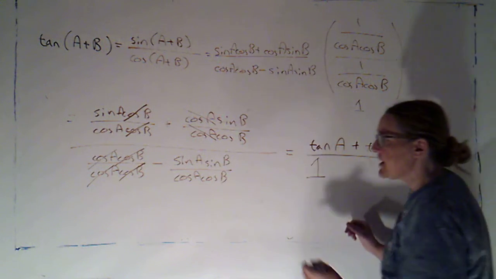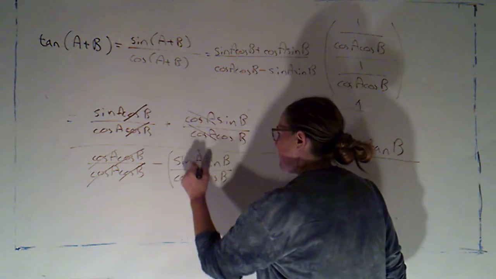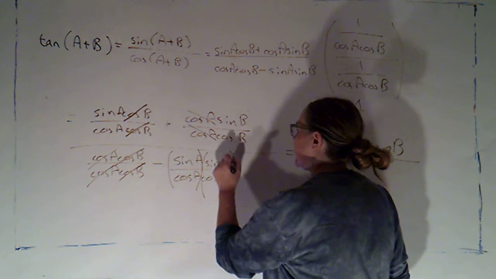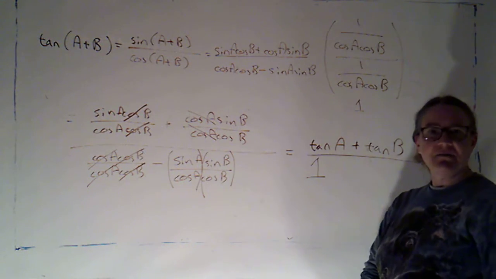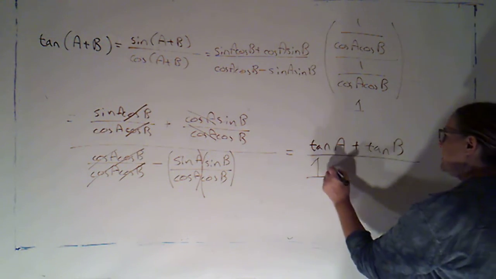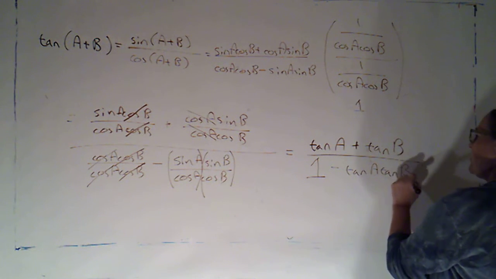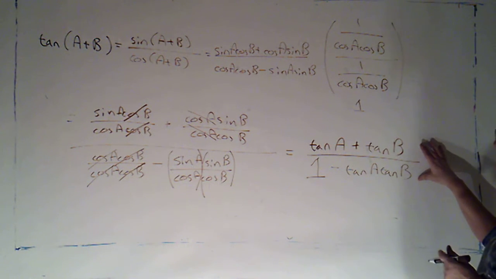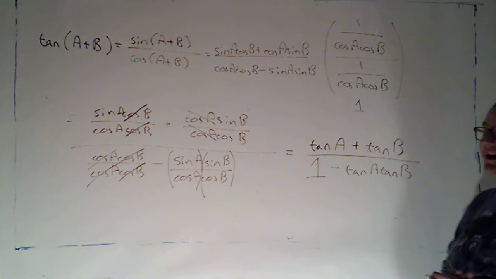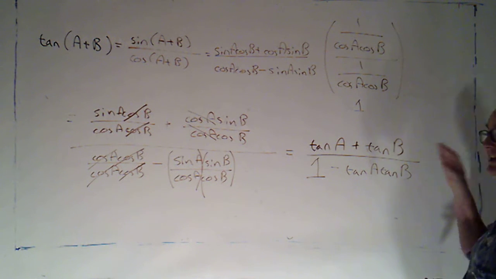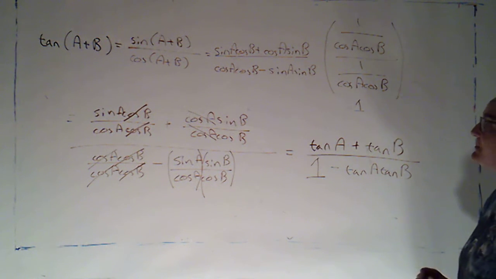And then here, nothing cancels, but notice I've got a sine A over a cosine A and a sine B over a cosine B. So this is minus tangent of A times tangent of B. That is the standard version that you will see for tangent of A plus B.